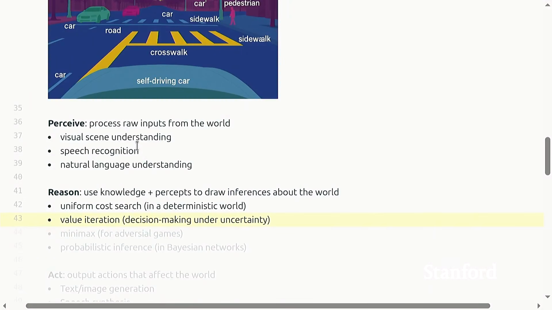This is modeling the fact that the world is unknown and has uncertainty, and how do you make optimal decisions under uncertainty? This is really a kind of elegant mathematical framework around that. And then in some cases, you're playing against an adversary, for example, in chess. There's a principle called minimax, which allows you to play optimally even against a worst-case opponent.